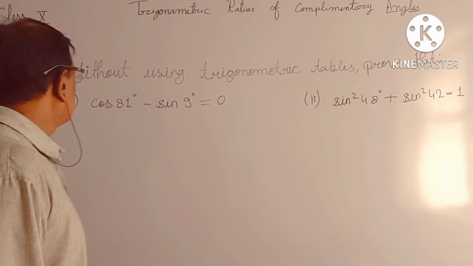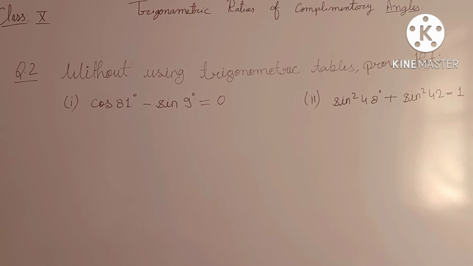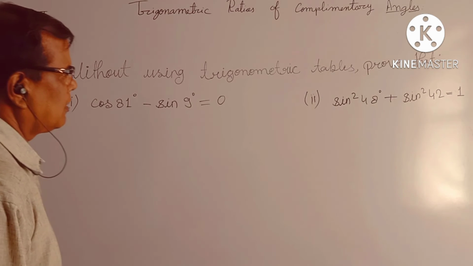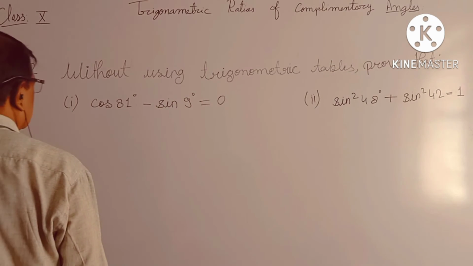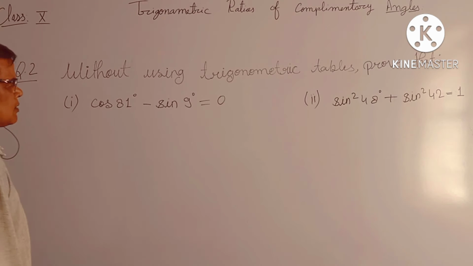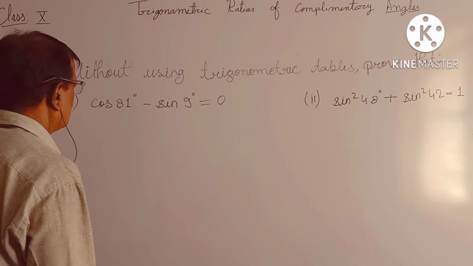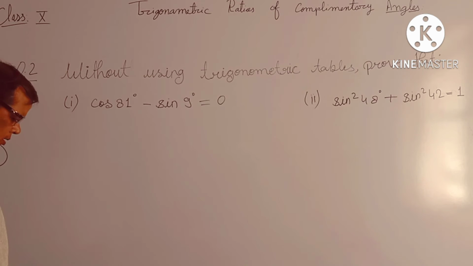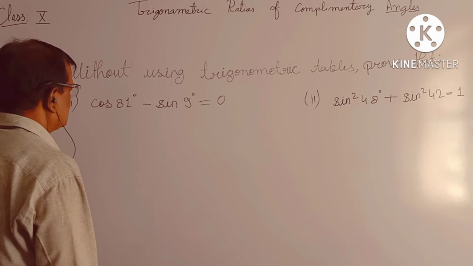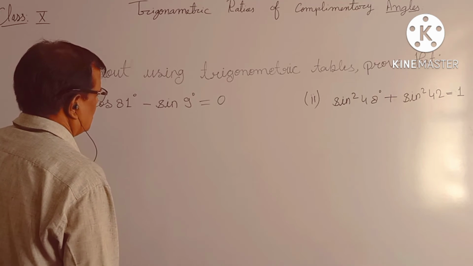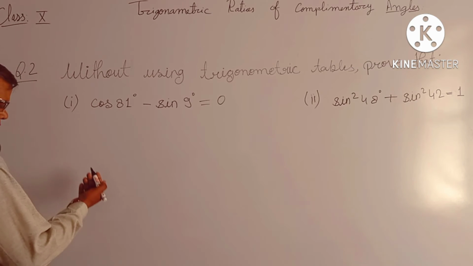Now we are going to solve the next question without using trigonometric tables. Prove that cos 81 degrees minus sin 9 degrees is 0. Because both are different, we cannot subtract directly. First we use some rules and then subtract.